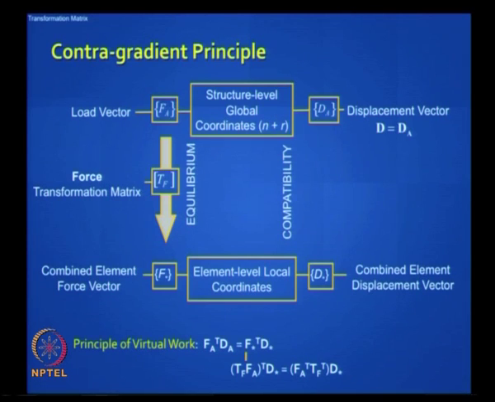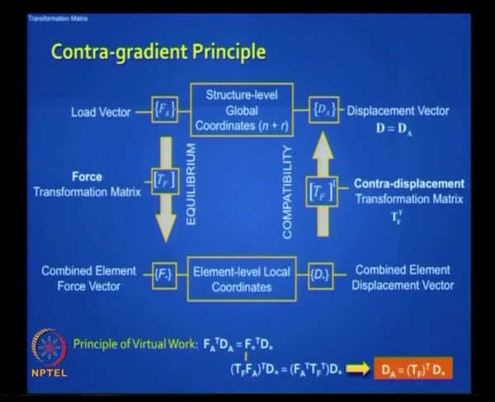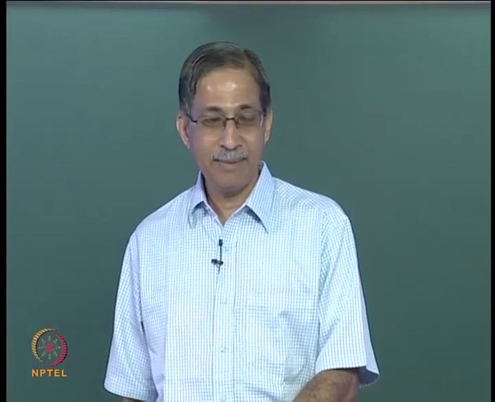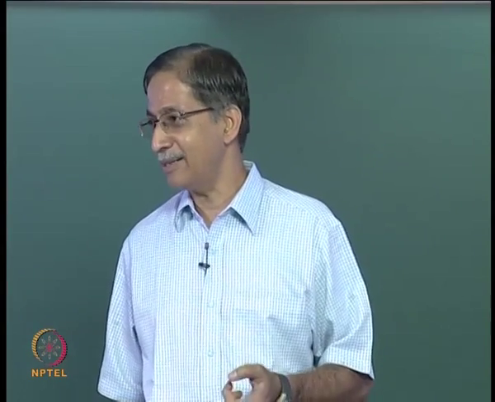What do you end up proving? By comparing, dA is TF transpose D star. Fantastic. So without your knowledge, when you are satisfying equilibrium in a statically determinate structure, you are also simultaneously satisfying compatibility, provided your structure is statically determinate.